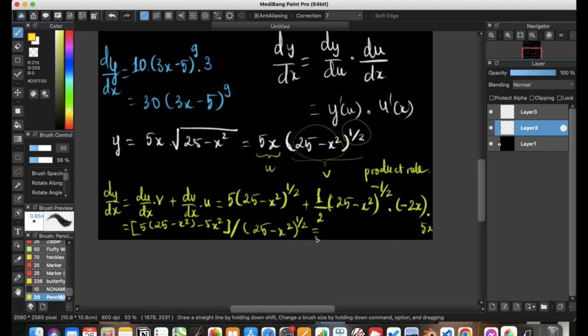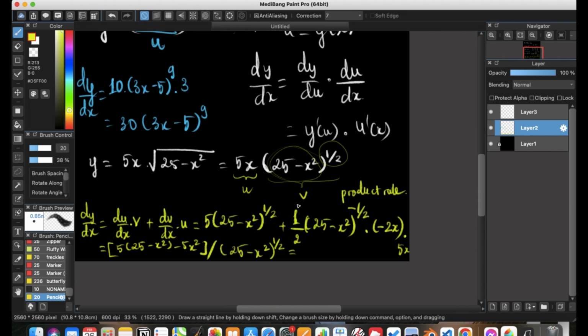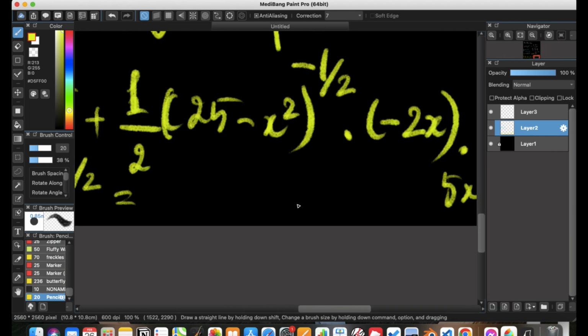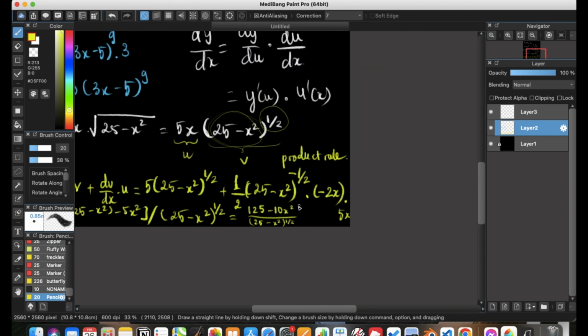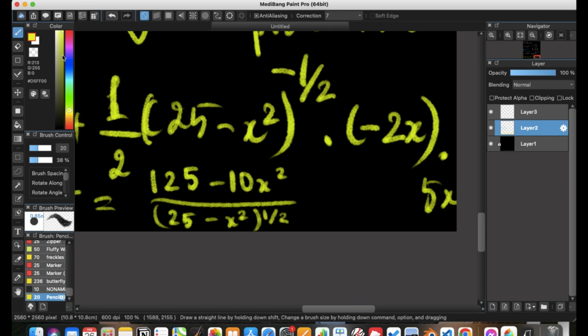We can even simplify it. I really ran out of space. So this is our final result. I kind of ran out of space, but here you can take a look at it.